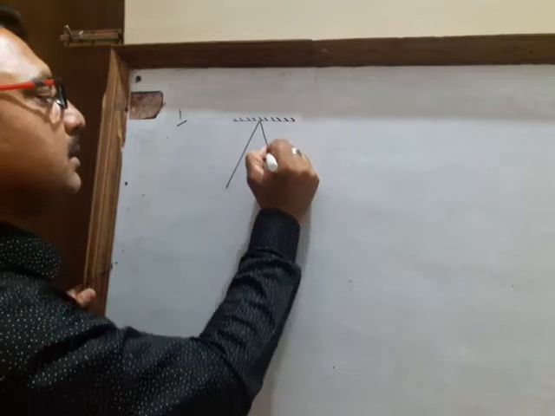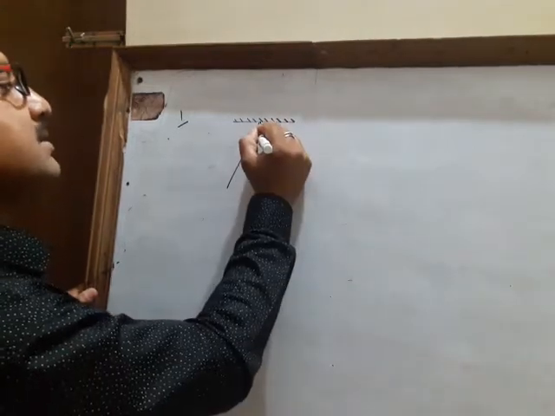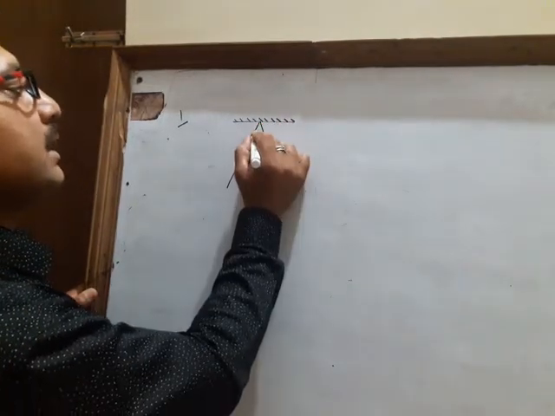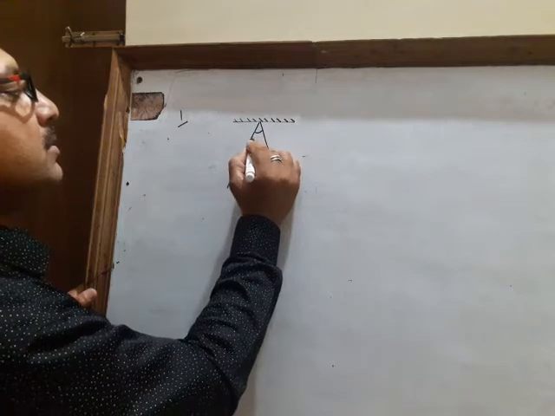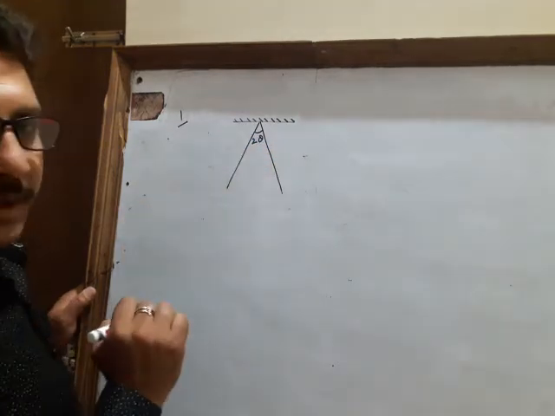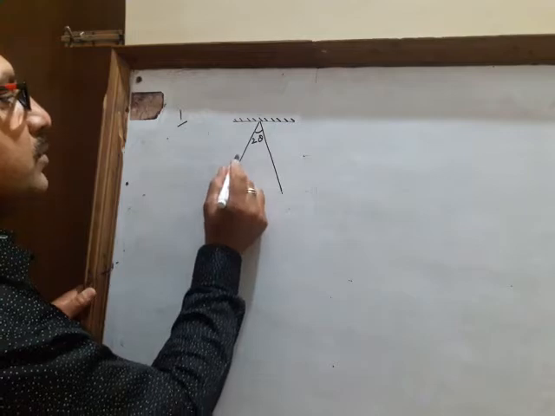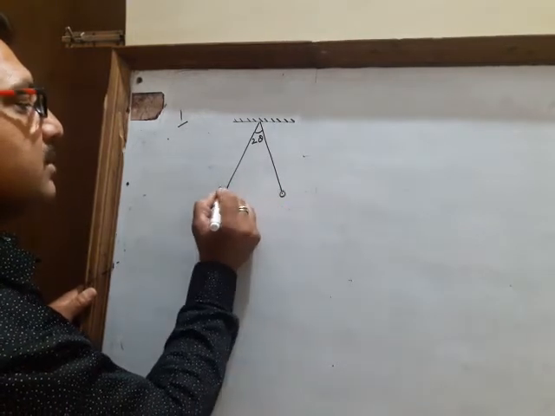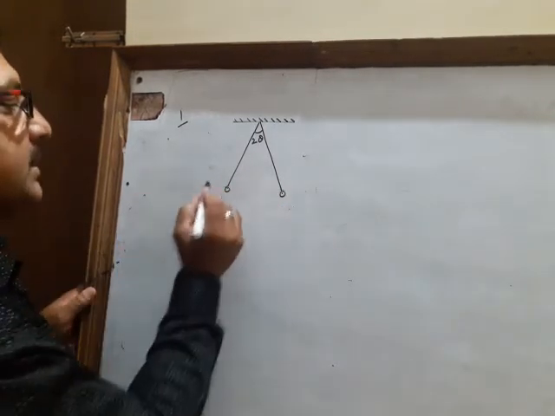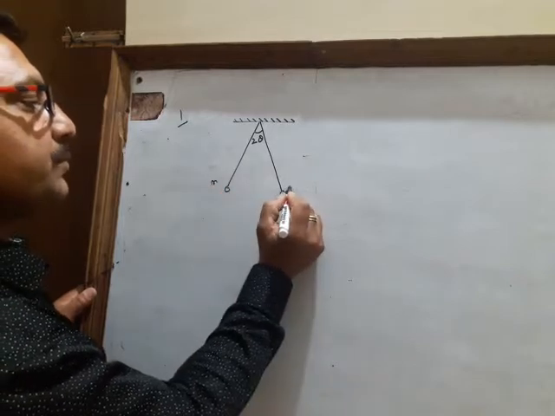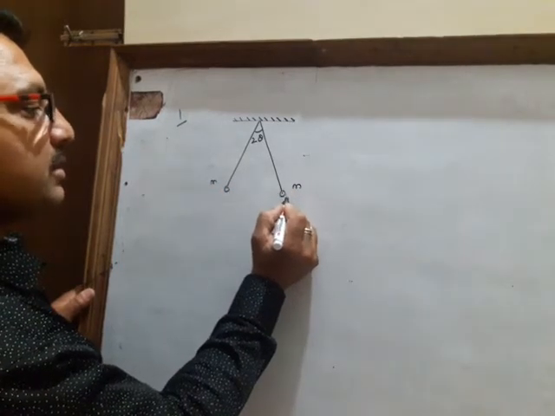and they remain suspended like this, making an angle 2 theta between these two strings. These are two balls having mass m each and charge q.